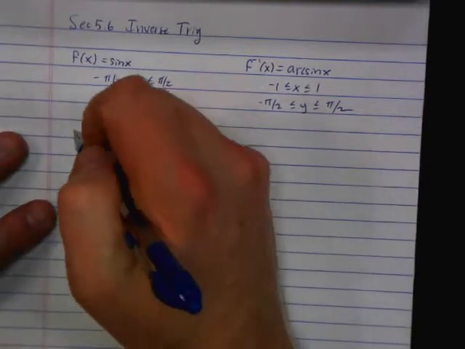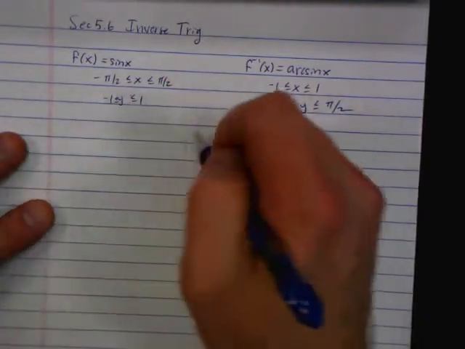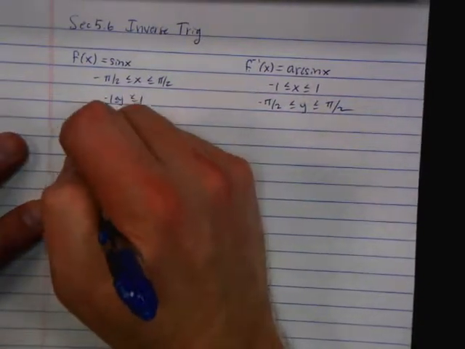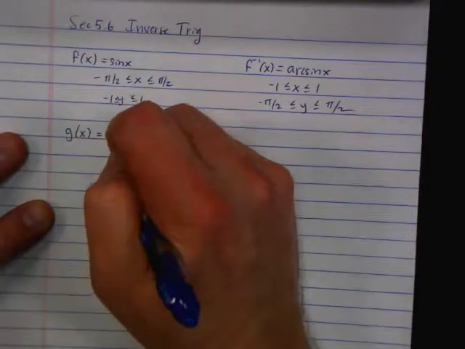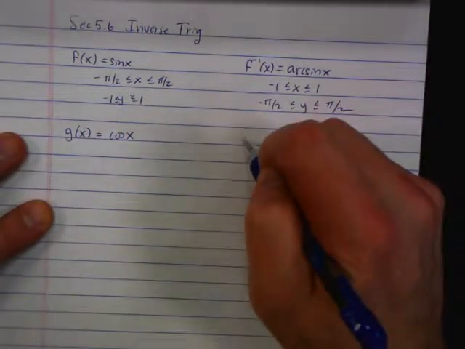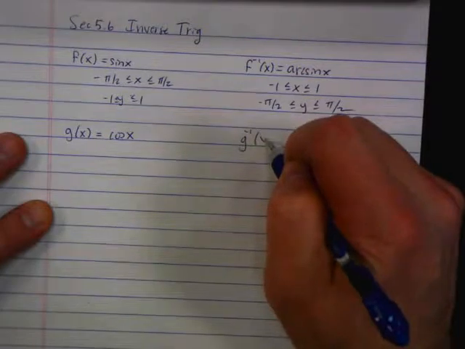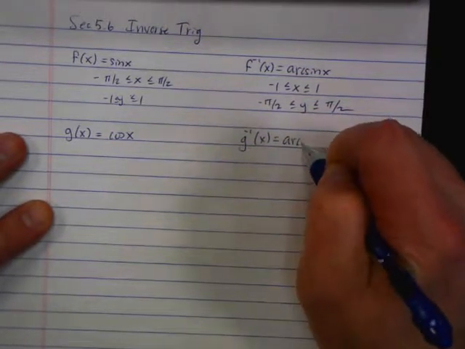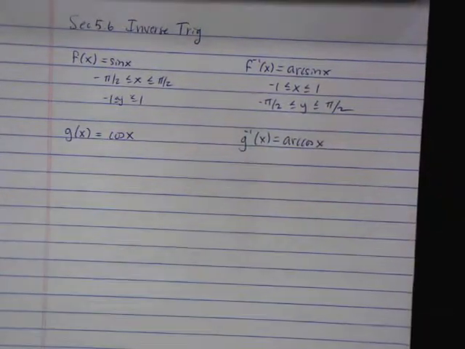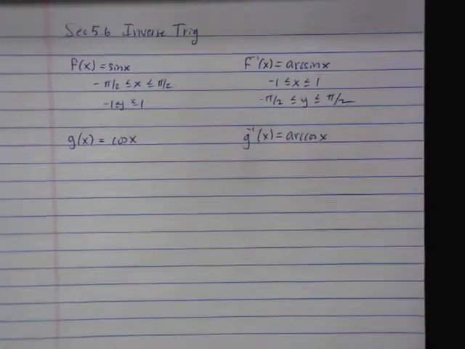And then we went through the exact same process. Oh, we had one more thing. We'll come to that later. We went through the exact same process for cosine. We wanted to talk about arc cosine. But we discovered that in order to make cosine be a one-to-one function, we had to use a different domain.